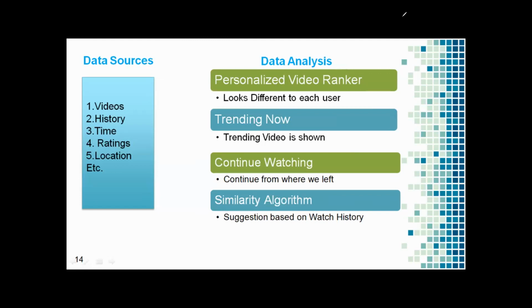Netflix recorded all these things. Which kind of rating shows I am watching, whether 3-star, 4-star, or any kind of star. Then location, from which location we have accessed Netflix most of the time.